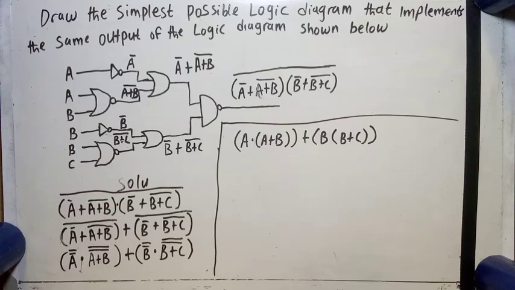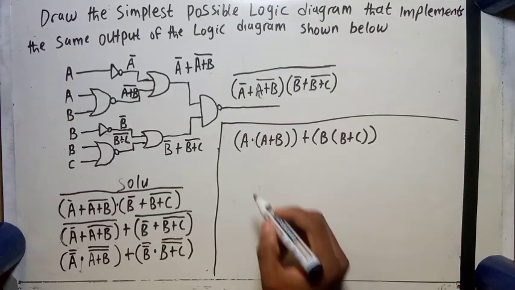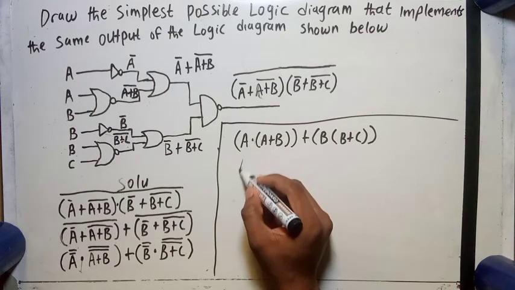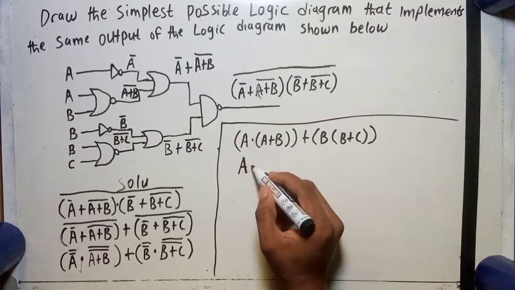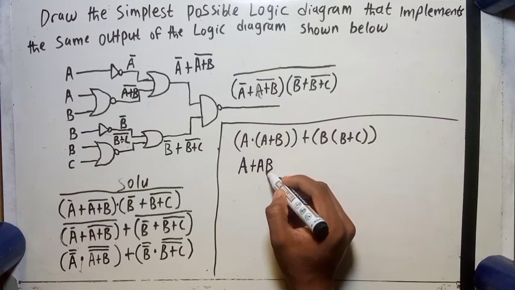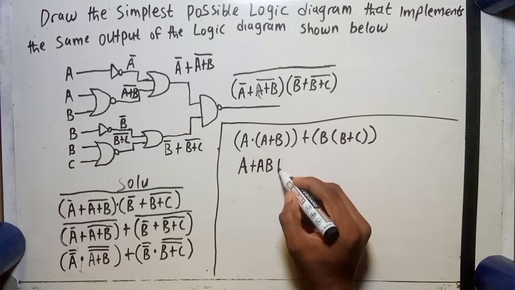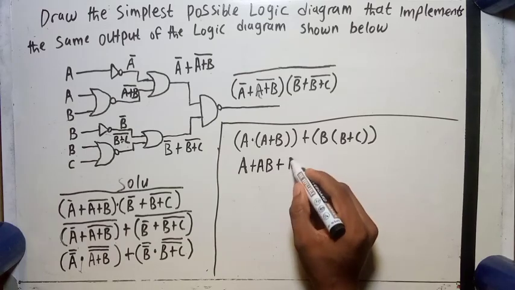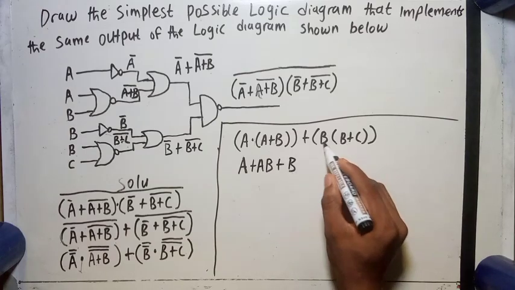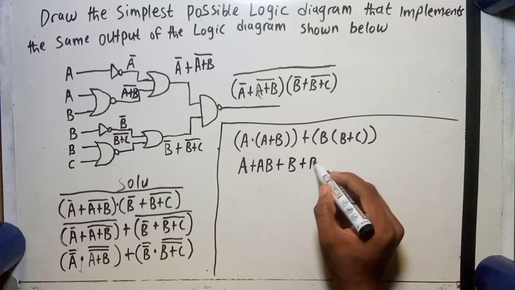Now we can go further to open the bracket. When we do that, we'll be having this times this. Since they are alike, we'll just collect one. This times this, we'll be having what? Moving over to this one, this times this, they are alike, so we'll collect one.